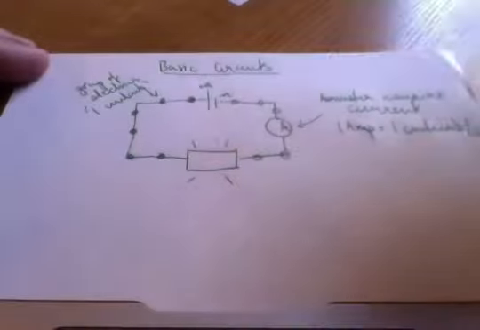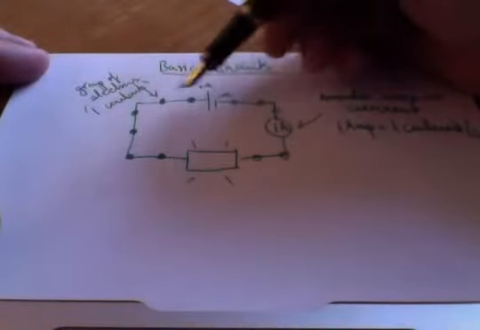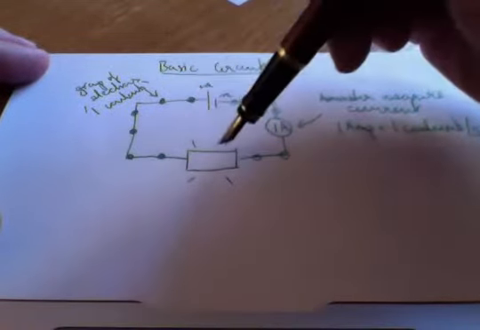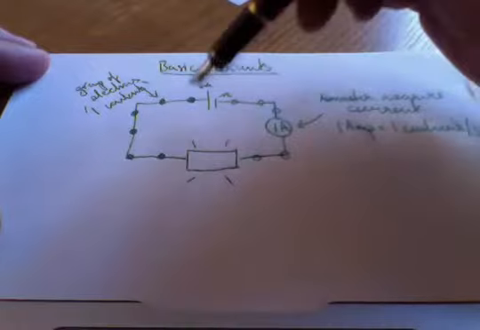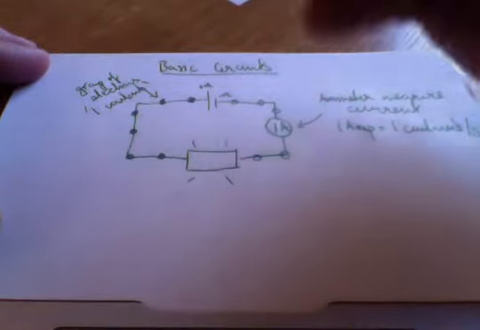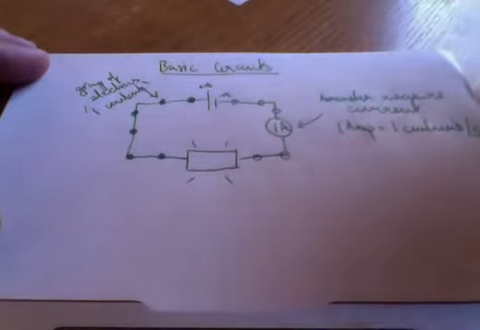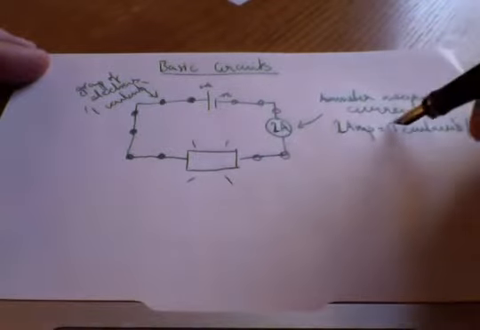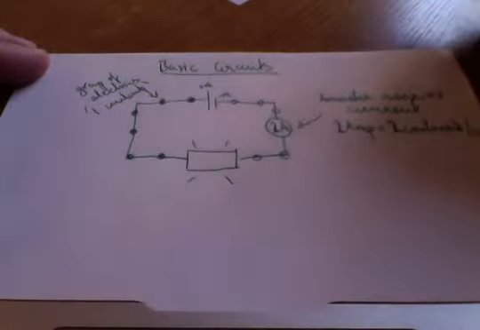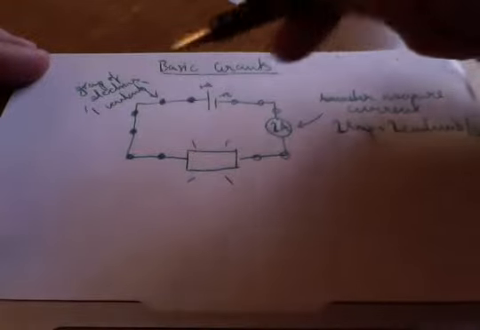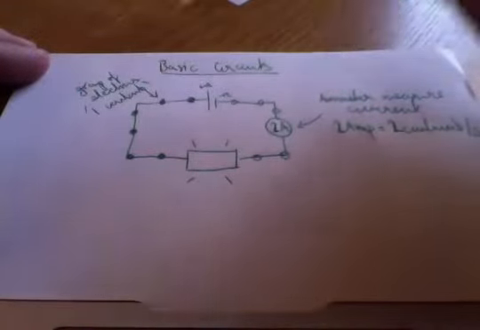That means if this were 1 amp, it means the battery would be pumping out 1 coulomb every second. 1 coulomb would be moving around and entering into this component every second. 1 coulomb would be coming out per second, etc., etc. Just like train cars bumping along shoulder to shoulder around a track. If this were 2 amps, then it would be 2 coulombs going around the circuit every second. So it gives you a measure, if you like, of how fast the electrical charge is flowing around the circuit.